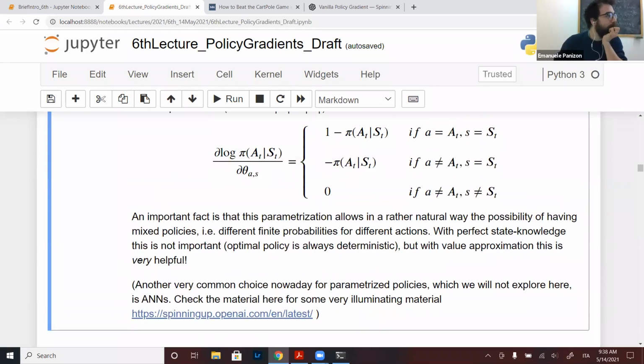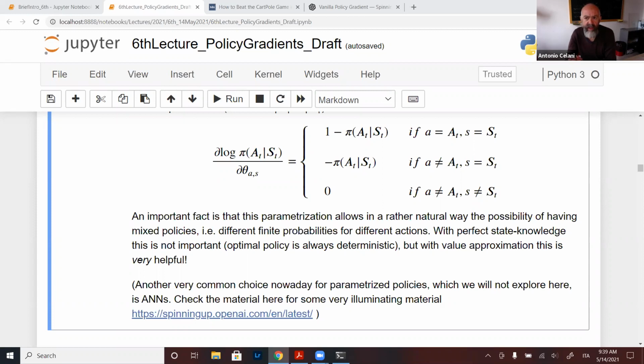May I just add a small side comment? It's useful to think about these objects as eligibilities. That is, they give credit for what is happening to different parameters. In policy gradient algorithms, in this specific case, it means that if you just visited a state capital S_t, you will be giving credit 0 to all parameters that belong to states which are not the one that you visited.